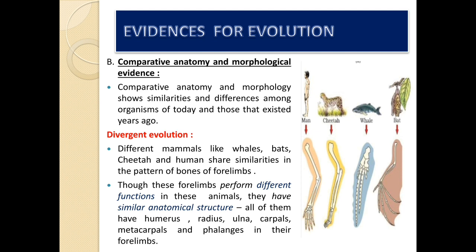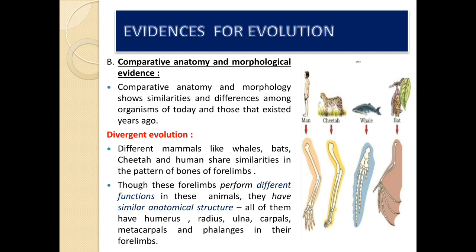Yes or no? Now see, with our hands we hold things and do different activities. Similarly, with the help of forelimbs, the cheetah works and catches its prey. The whale also has forelimbs like us, but their function is different, they don't do the same activities as we do.